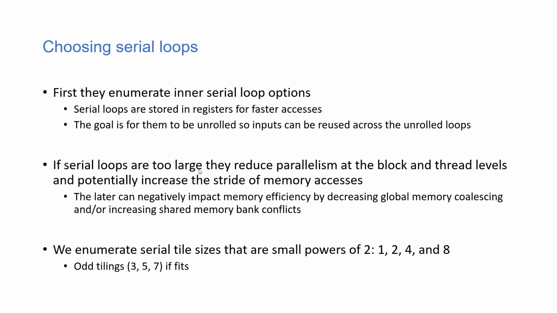If the serial loops are too large, then we reduce the block and thread level parallelism, and potentially increase the stride of memory accesses, which can reduce the coalescing of global memory accesses and increase the shared memory bank conflicts. To reduce the state space, they use small powers of 2: 1, 2, 4, and 8, and odd values if they fit.